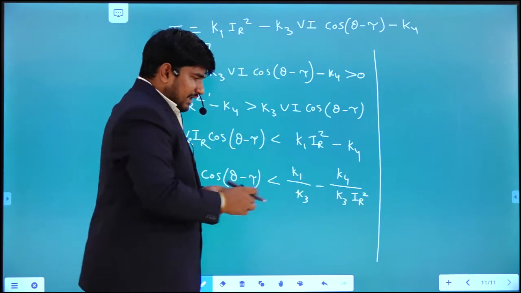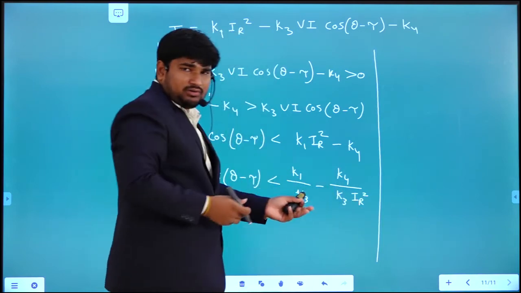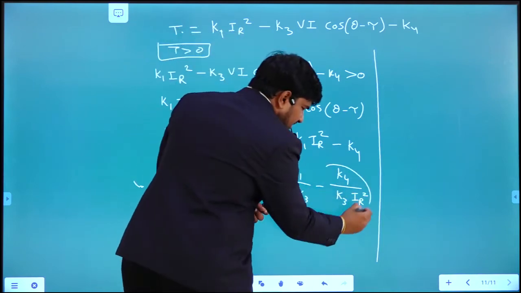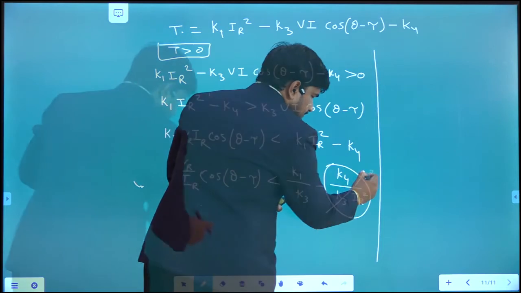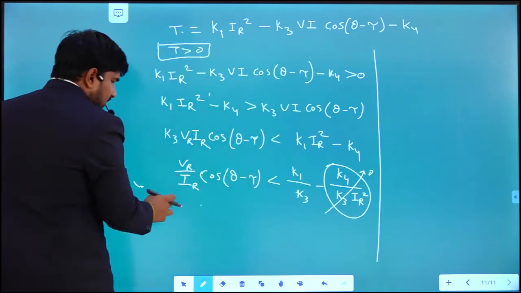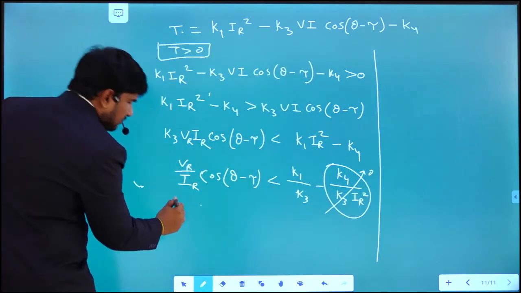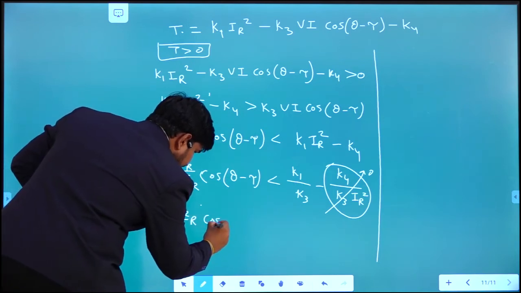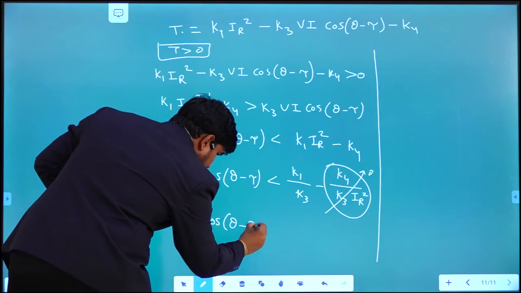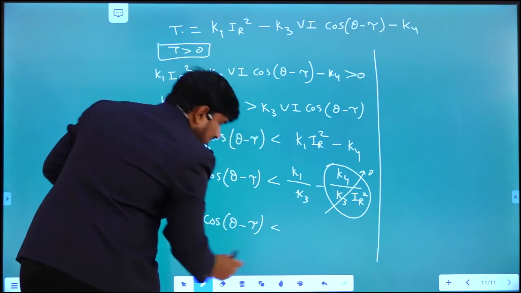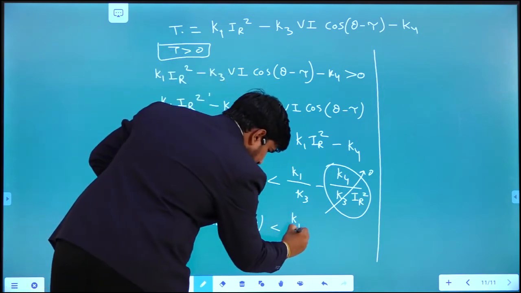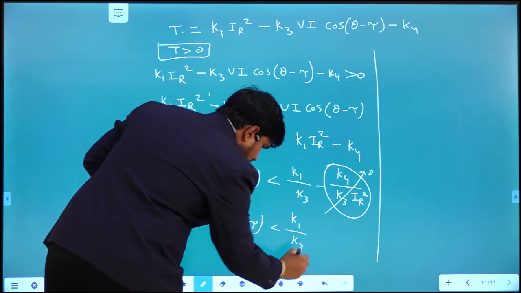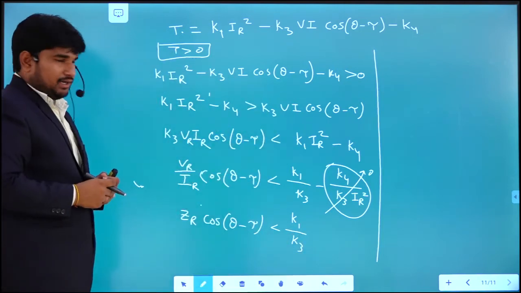So as the amount of current is more, the effect of this spring constant will be negligible. Now I am rewriting this term, that means VR by IR is equal to ZR, cos of theta minus tau, which is less than K1 by K3 by neglecting the K4 spring term, right?